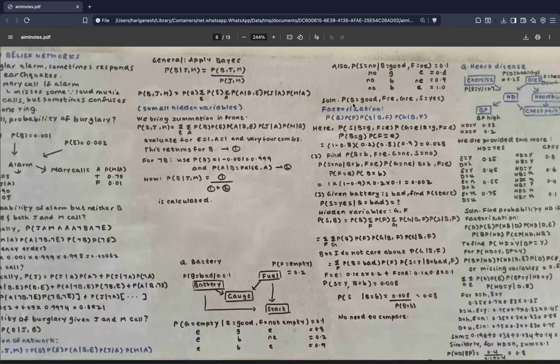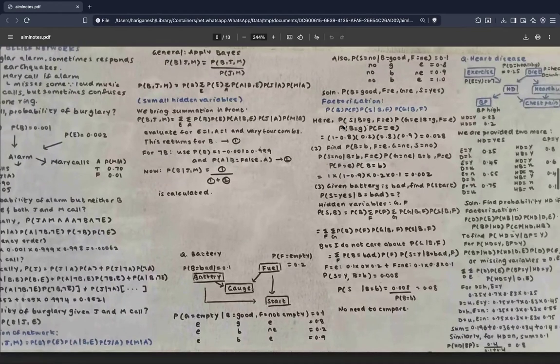And we are asked to find the probability of B, the battery being good, the fuel tank being empty, the gauge being empty, and the vehicle actually starting. So again, we do the same factorization that we did. Probability of B, probability of F, probability of S given B comma F, probability of G given B comma F. So here we substitute the values.